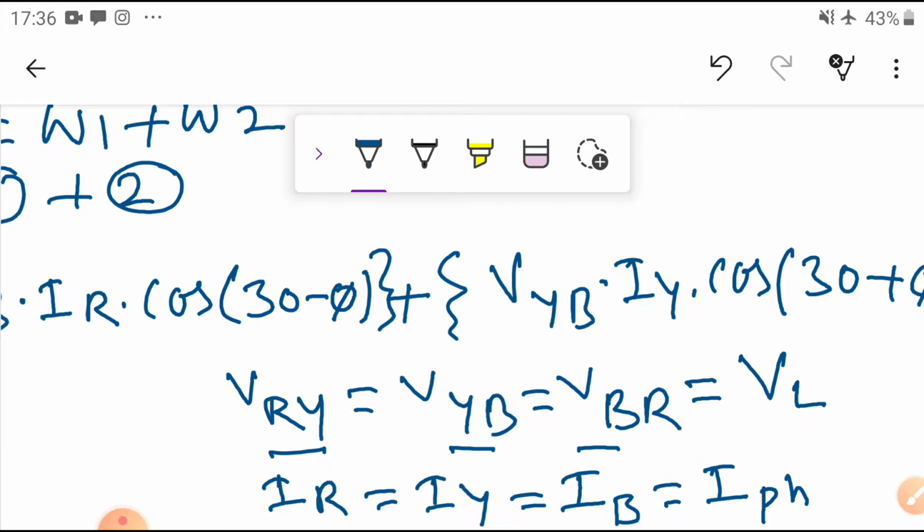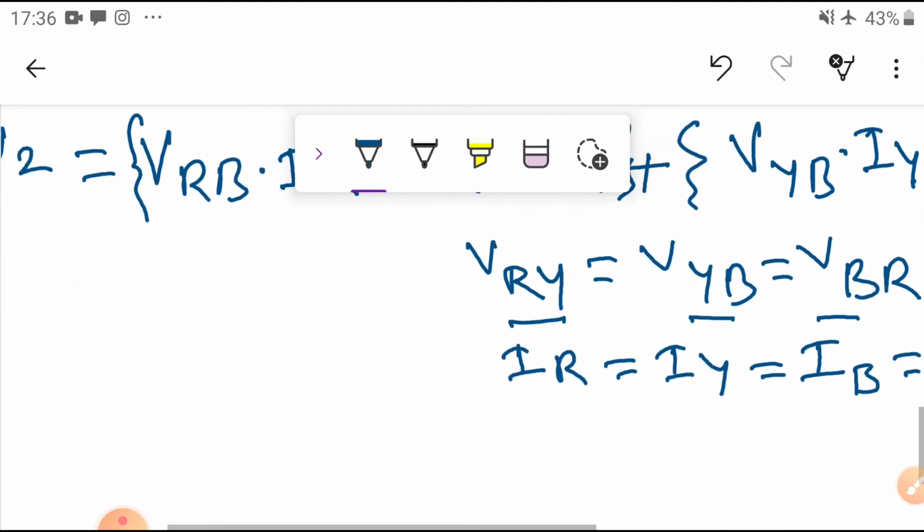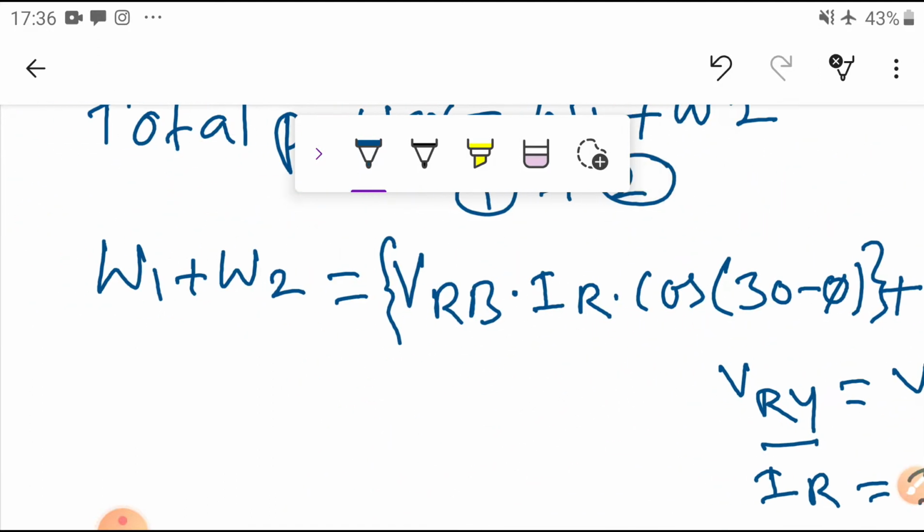So we take the current as IL, because we require the line values. Okay. VL, IL. So here, instead of IY, substitute IL, and instead of VYB, substitute VL, the line voltage. Okay. For the simplification. Now, this equation becomes, so please remember, what I have written.